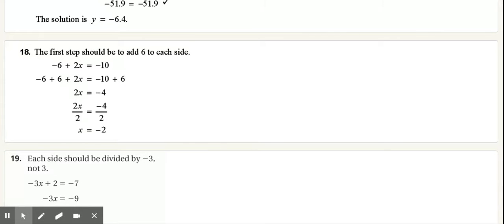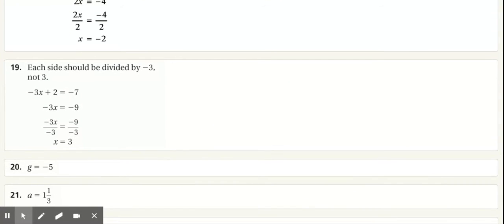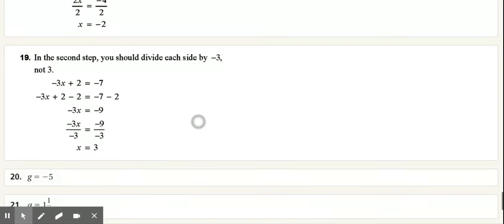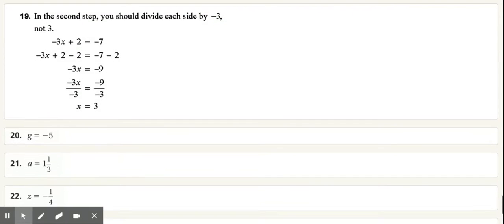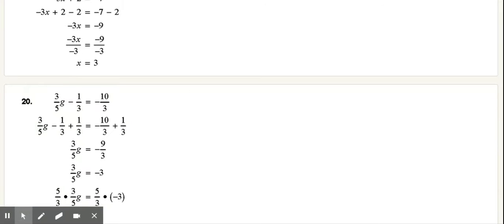The first step should have been to add 6 to each side, and x is -2. 19, each side should be divided by -3, not just 3. So then the answer would have been x is 3. 20, G is -5.